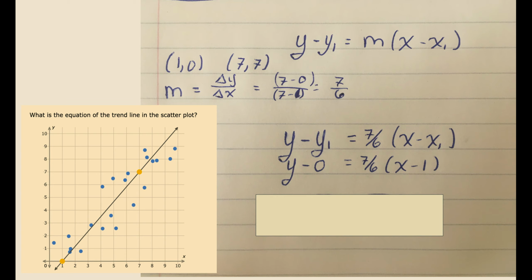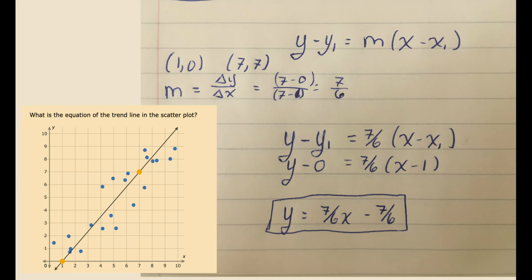I can distribute the 7/6 with the x and then minus 1, and you get y equals 7/6x minus 7/6. So it's the exact same equation of the line as you got before. And that is how you find the equation of the trend line, or the line of best fit, in a situation like this.